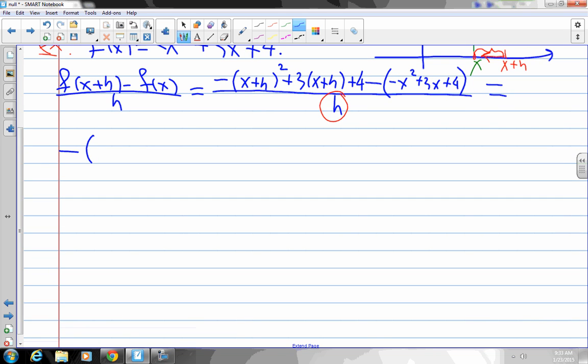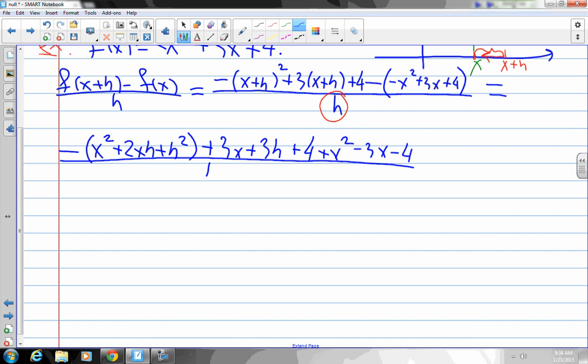So it's minus squaring the sum: x squared plus 2xh plus h squared. Distribute 3, so plus 3x plus 3h plus 4. And then distribute the negative, so it's plus x squared minus 3x minus 4, all divided by h. Right? I'm still going to distribute the other negative. But right away, I can kill 3x, 4, 3x, 4.